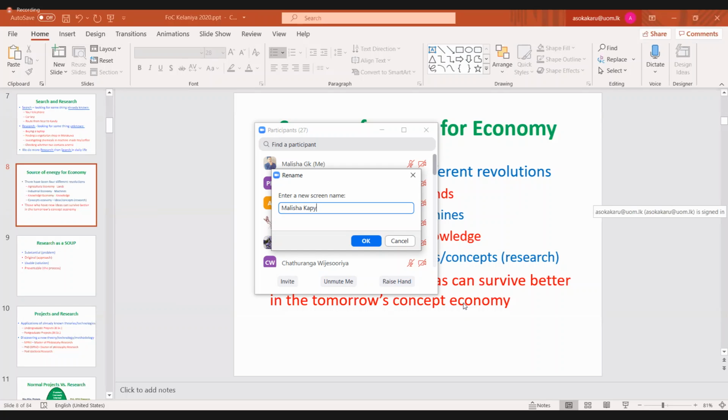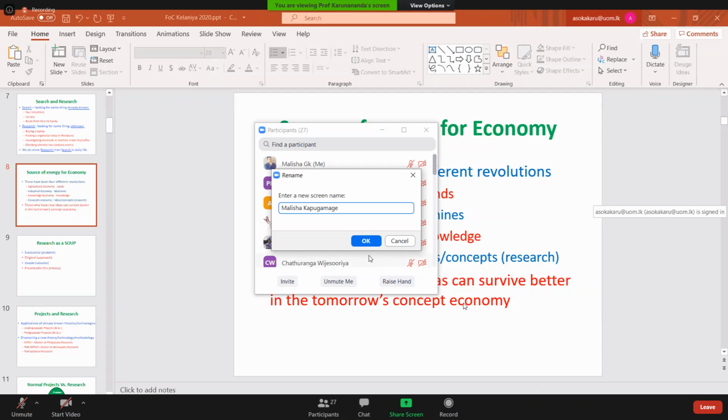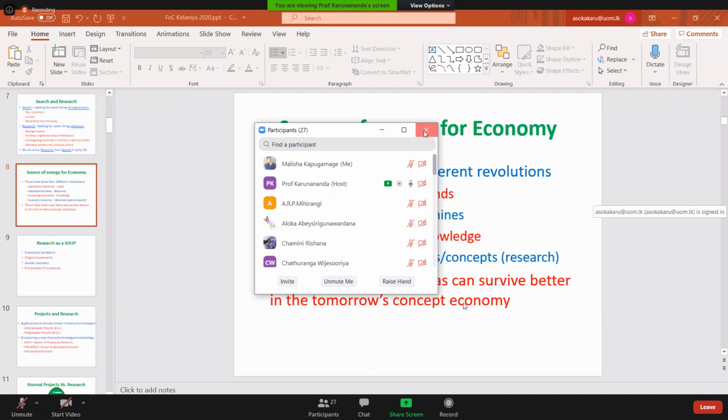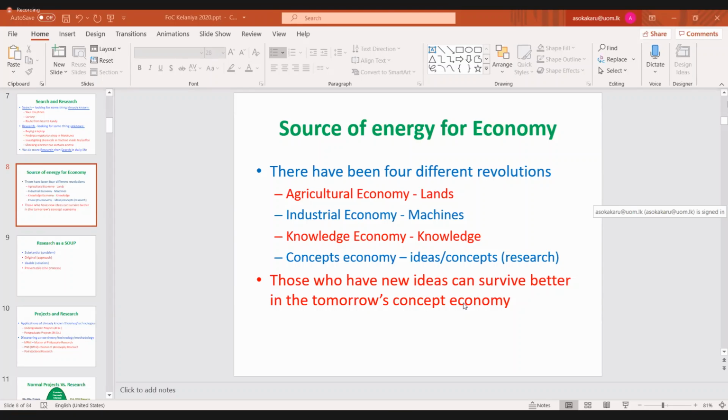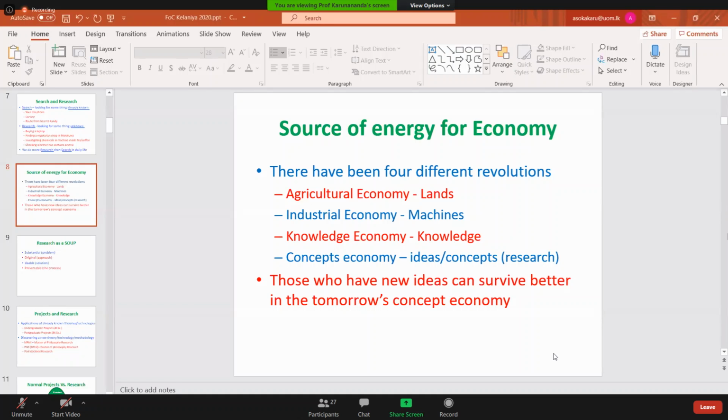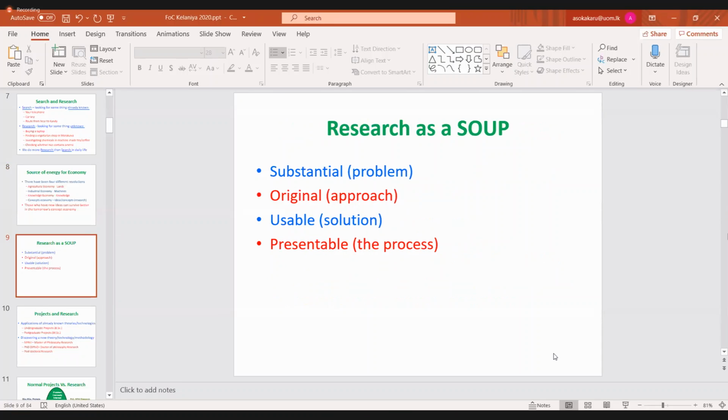You can write in addition, in other words, your future success is decided by your ability to do research, within brackets, think differently.